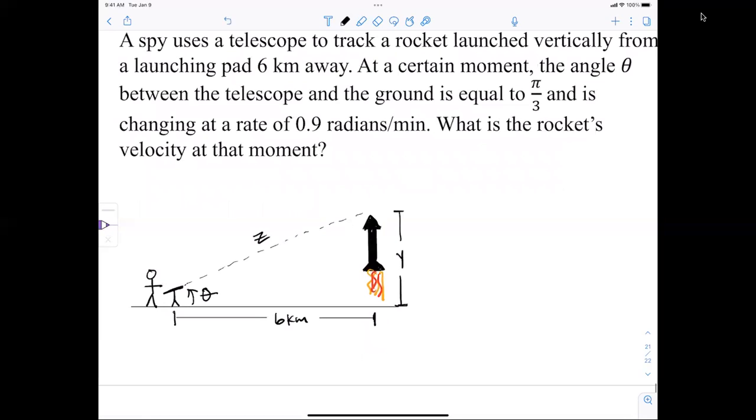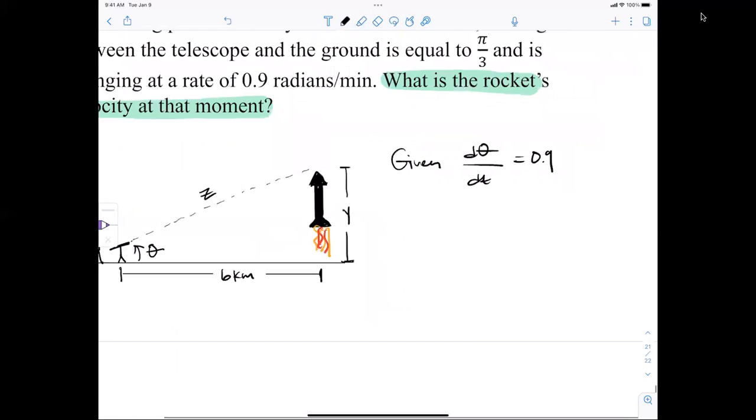That second sentence is describing the moment in time that we're going to end up answering this last question here. But it's also giving us our given rate. So d theta over dt, the rate at which the angle theta is changing, is positive 0.9 radians per minute.